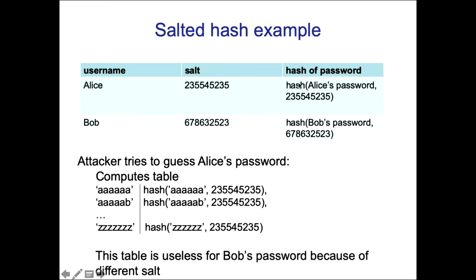But note that this table is useless for Bob, because this table is with Alice's salt, not with Bob's salt. So the attacker now has to construct this table again for Bob, and then again for Chris, and again for Eve. So it takes time d, the size of the dictionary, times n, the number of users, which is much slower than d plus n.